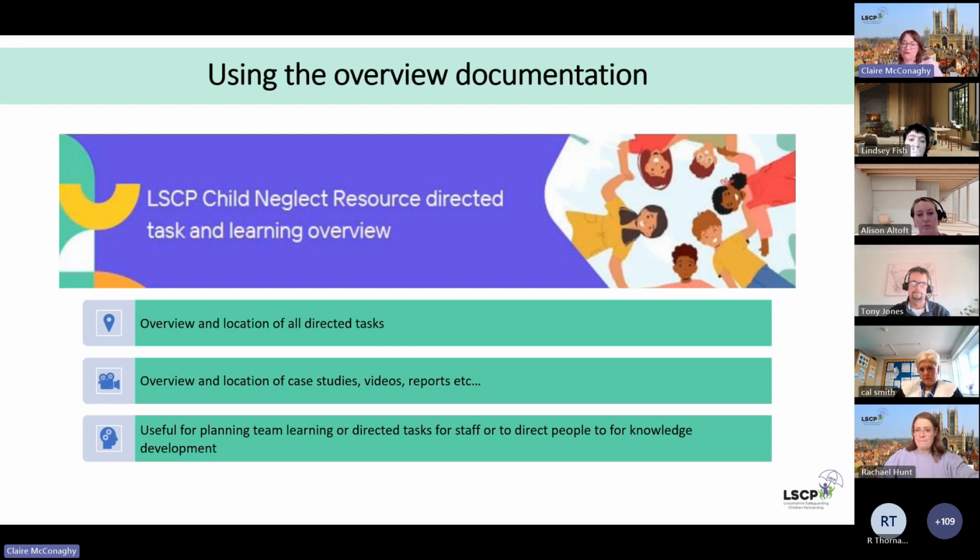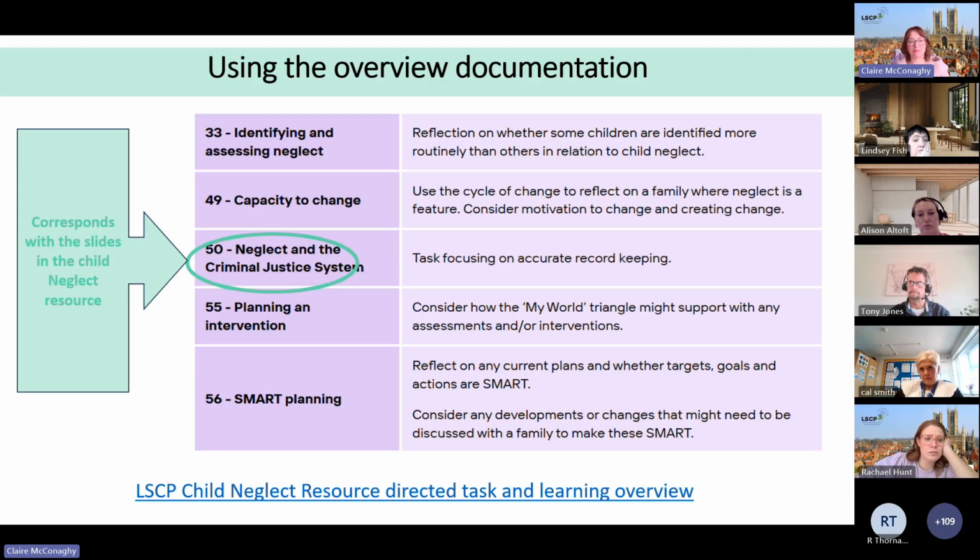So if you are considering putting a piece of supervision together or a learning exercise, you could use this document to plan any sessions that you have planned, and quickly understand and navigate where those things are in the resource. So I'll show you the example.